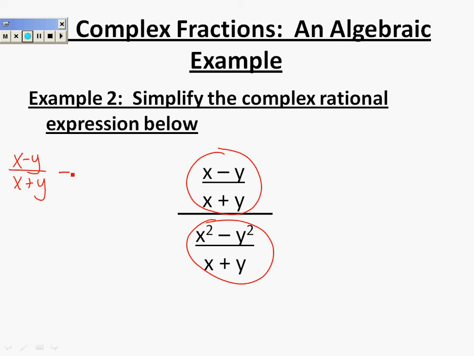We're going to divide the top fraction by the bottom fraction. Okay? And now it looks like a problem that we did last class, so we're going to do keep, change, flip because it's a division problem. Keep, change, flip. So I'm going to keep this first fraction the same. We're going to change the division to multiplication. And we're going to flip this second fraction over.